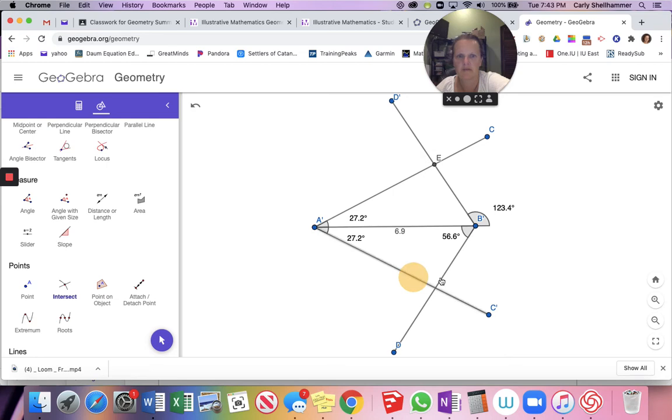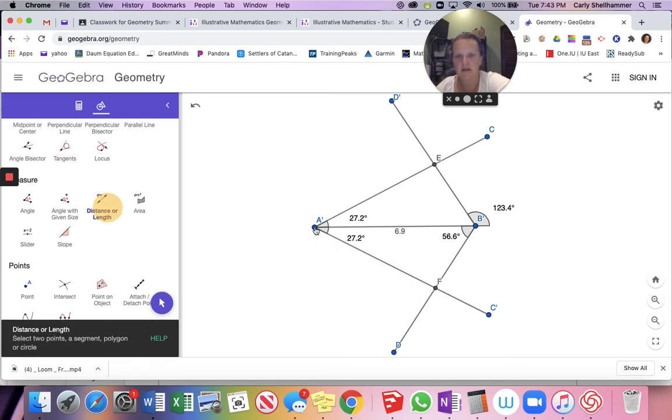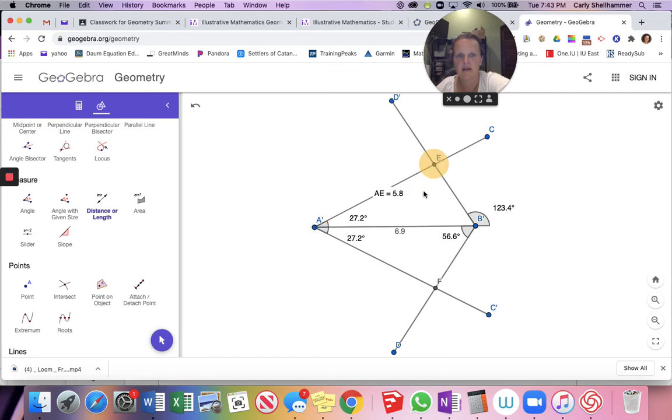Okay? Because that's the only way I can measure them. All right, so I'm going to measure A to E and A to F. Both 5.8. Woohoo! Okay, E to B and F to B. Woohoo!